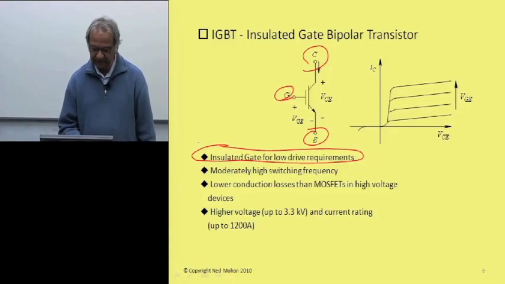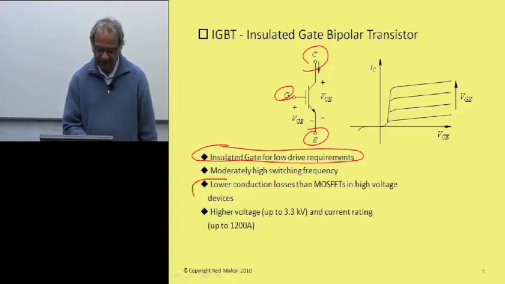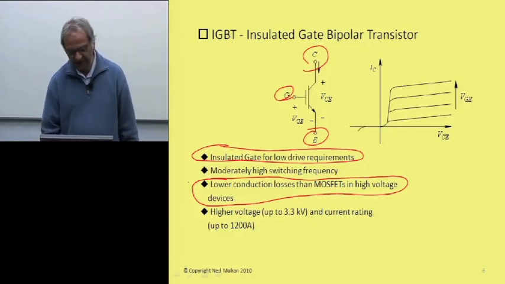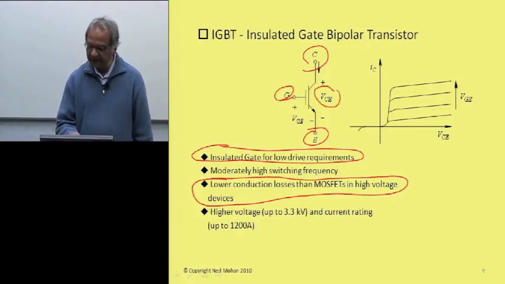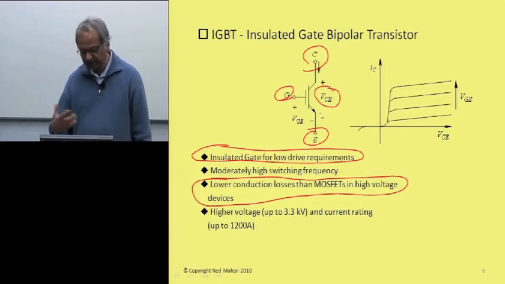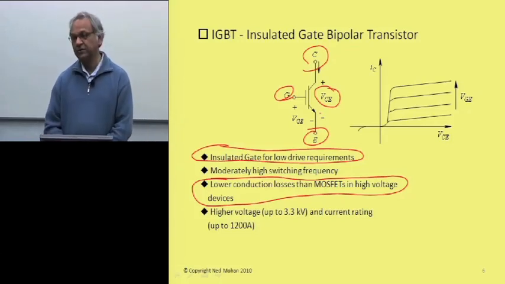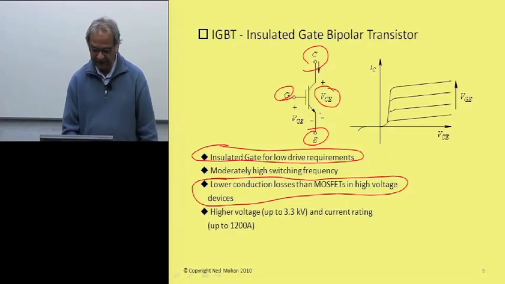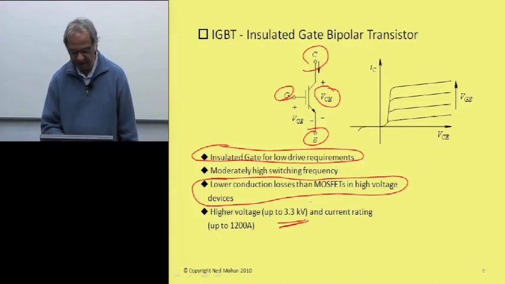And then like a bipolar junction transistor, BJT, you have a fairly small voltage drop between the collector and the emitter when it's conducting. And therefore, unlike a MOSFET, which is somewhat limited to lower voltage ratings, you can use these in very high voltage ratings, up to 3.3 kV, and probably now much higher than this.